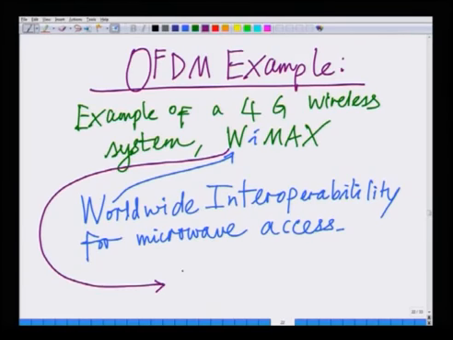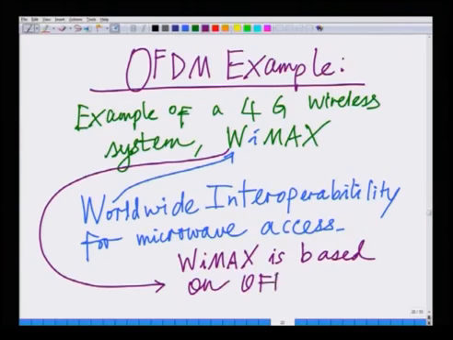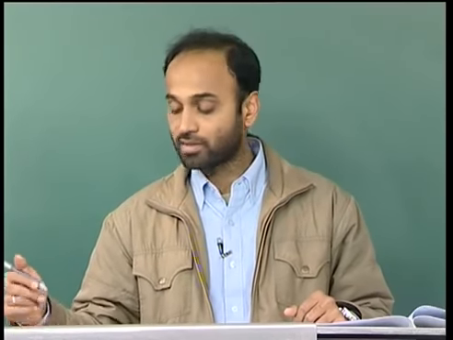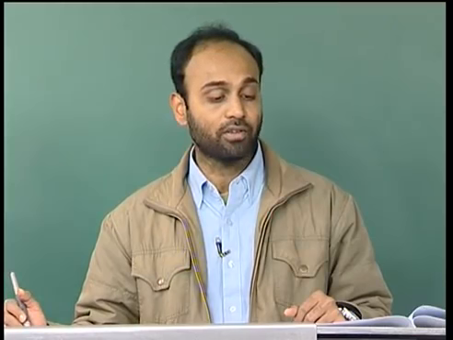WiMAX is based on OFDM. That has to be clear. So far we have mentioned several times in the course that all 4G cellular standards are based on OFDM. WiMAX is in fact based on orthogonal frequency division multiplexing.